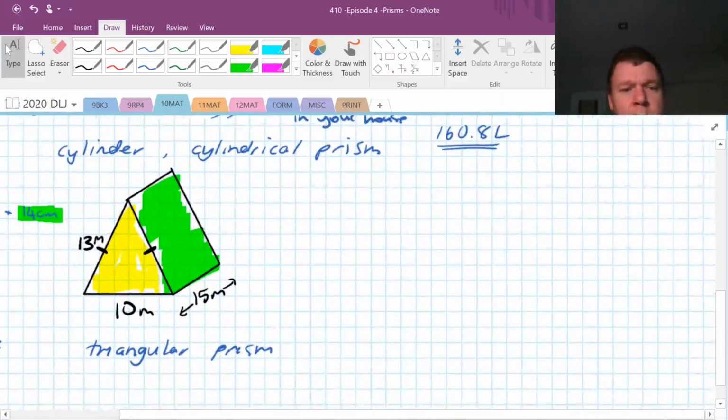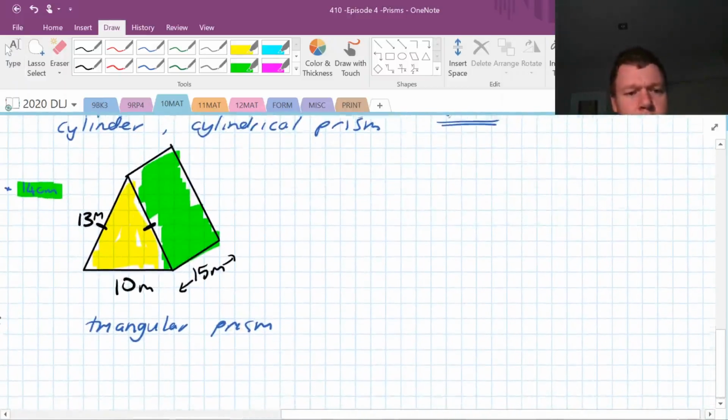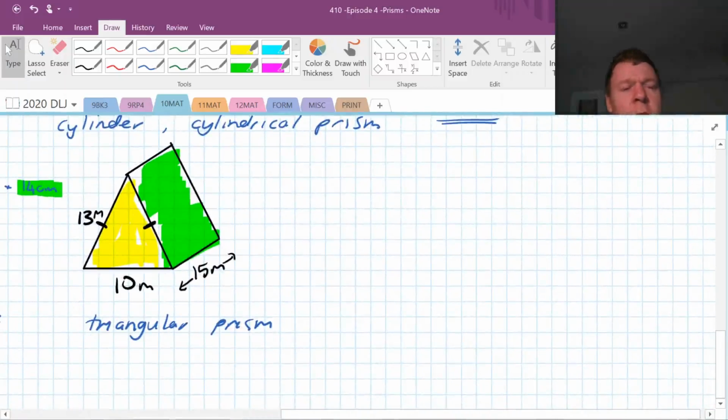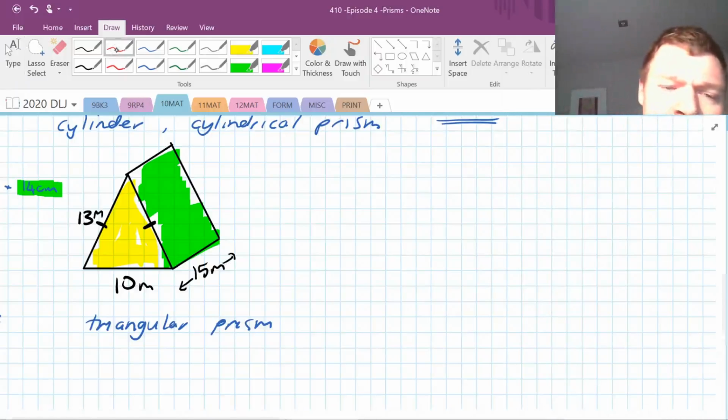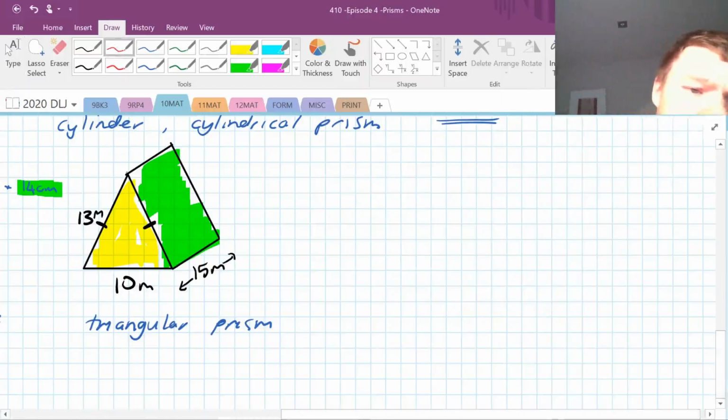Last one, triangular prism. Okay, so this is also an isosceles triangle. We are going to need to work out the front face of this triangle. To do that, we need to find our height.